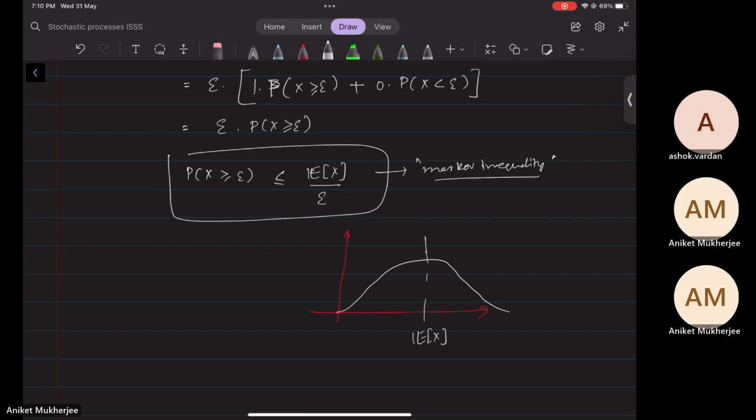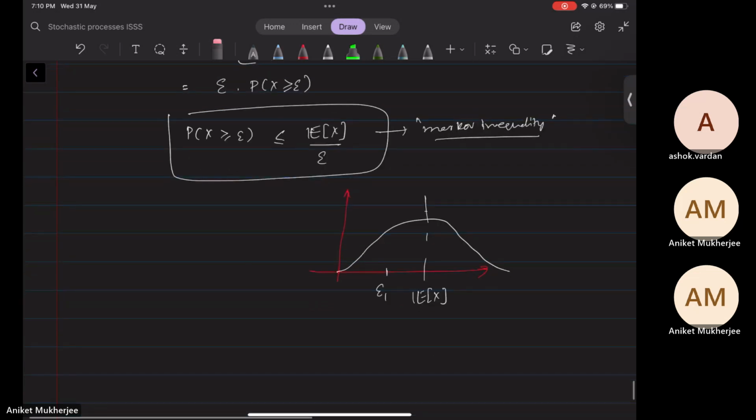Now suppose you have an epsilon 1 on the left-hand side of the expectation, so you know that expectation of x is greater than epsilon 1. So what is the probability that x is greater than or equal to epsilon 1?